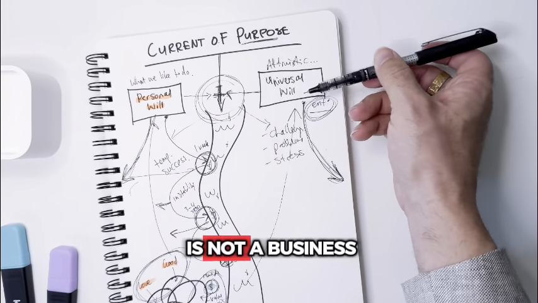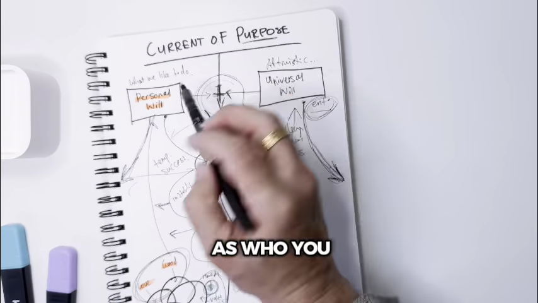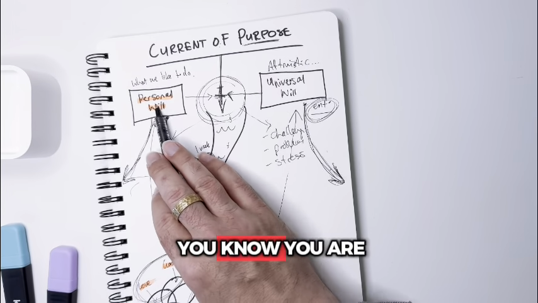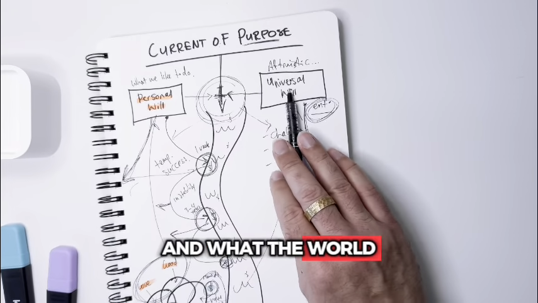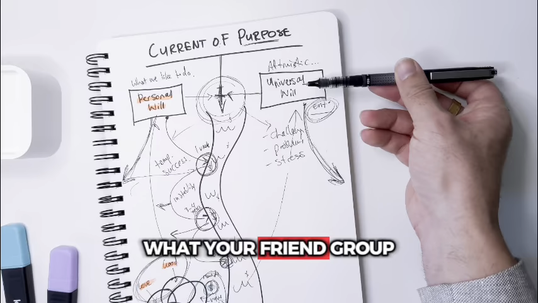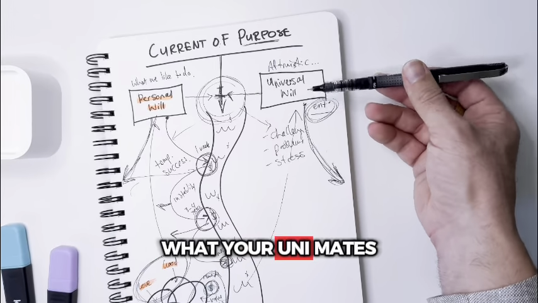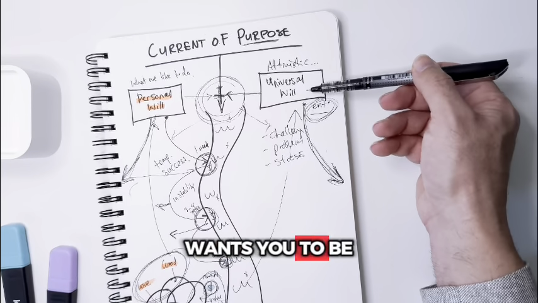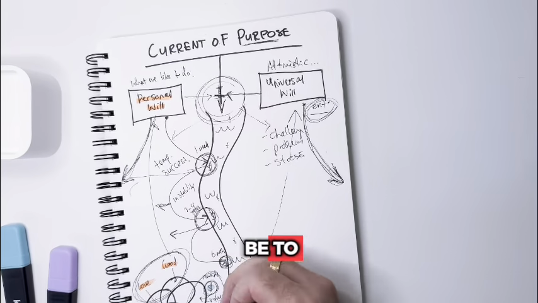So even if this is not a business, you can understand this as who you feel like you want to be or who you know you are, and what the world, what the universe, what your circumstances, what your friend group, what your uni mates, right, what your relationship wants you to be or needs you to be.